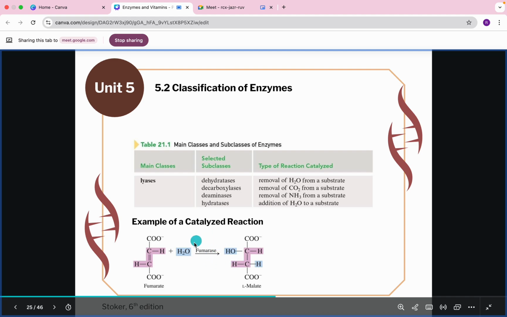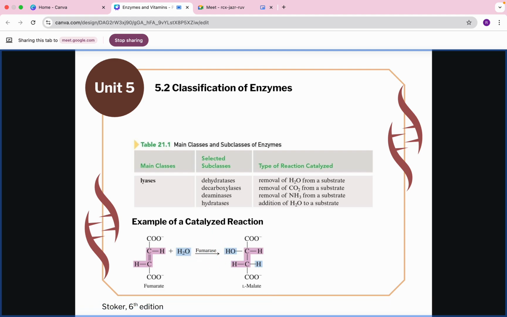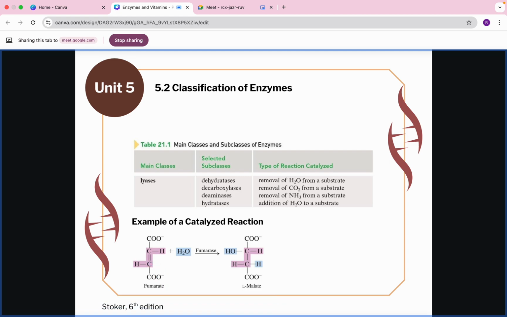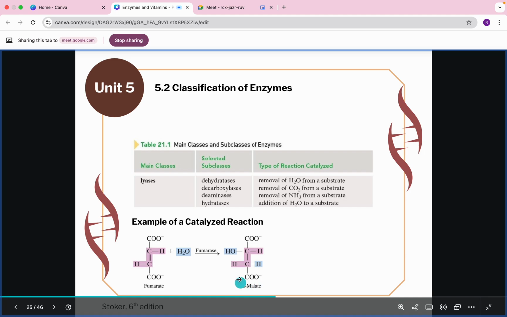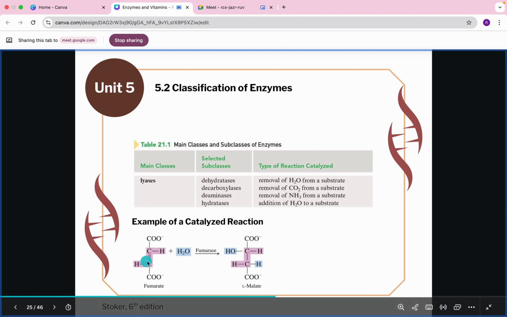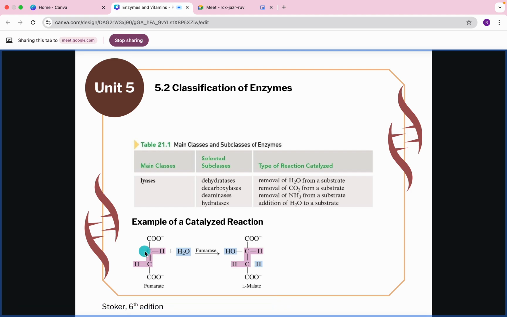And here we have fumarase enzyme. So the fumarase here, we have the addition of water to a substrate. So from our fumarate substrate, we need to add our water in order to convert it to L-malate. So as you can see, the double bond here is removed, because we actually form a bond on this carbon.